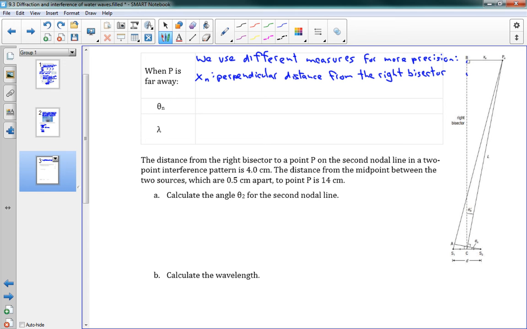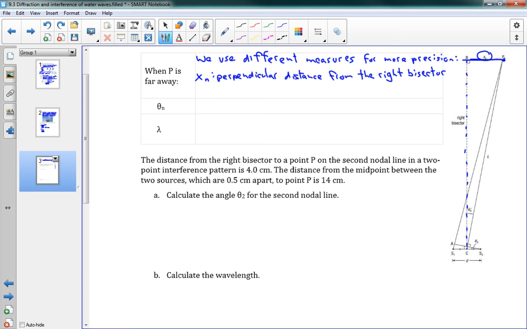You can see it's this dotted line here. It's halfway between the two sources, and it's perpendicular to the line connecting the two sources. And xn is this distance here. You see we've picked some point on the nth nodal line, and we can measure the perpendicular distance, xn.